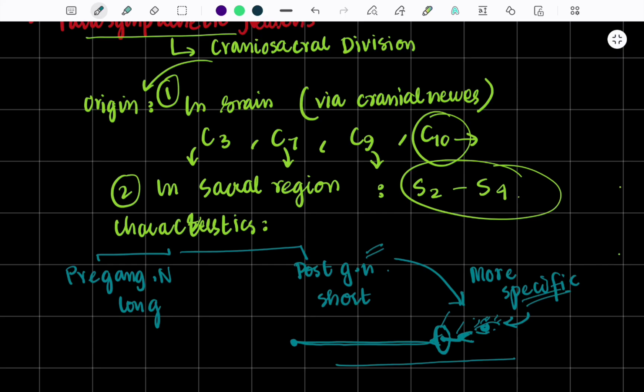The parasympathetic system is designed to bring back the imbalances caused by the sympathetic nervous system to their original position, to bring the functions of the body to normal, normal body activities. So this parasympathetic system doesn't create any imbalance within the body. It just restores the body functions to their normal states.